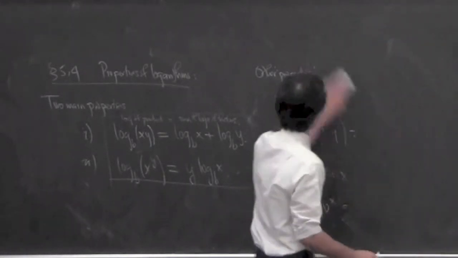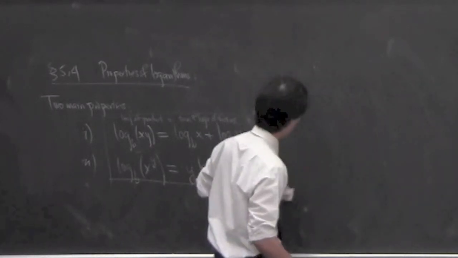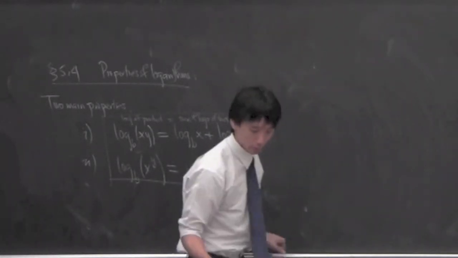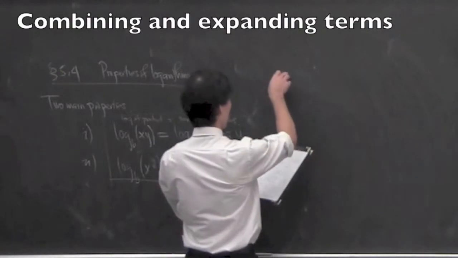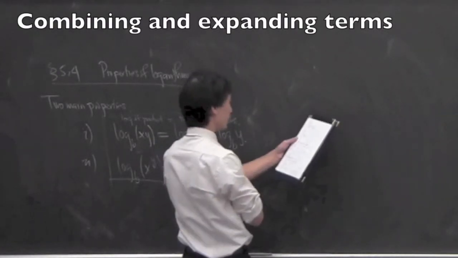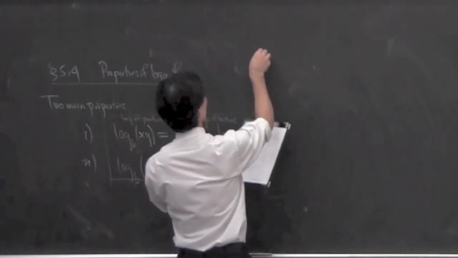So you can use these properties to combine terms or expand terms, depending on how you feel. It's sort of a weird thing to do, but you can do it.